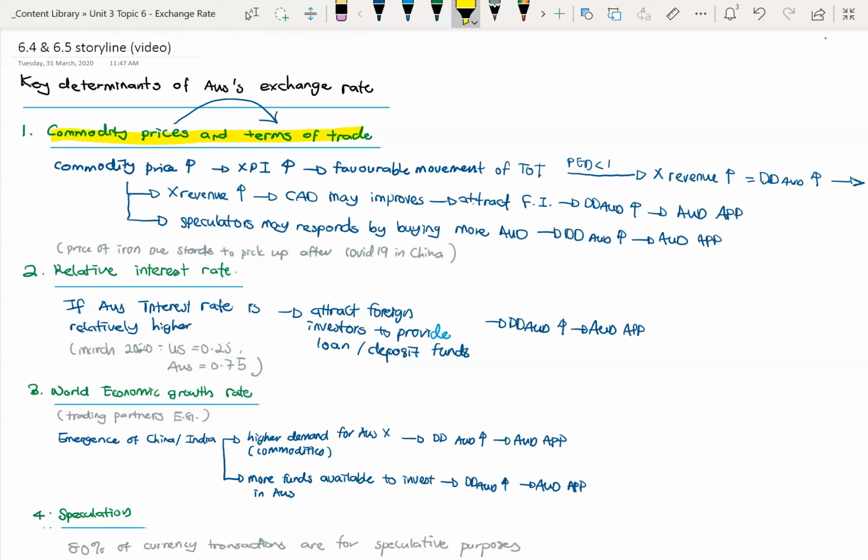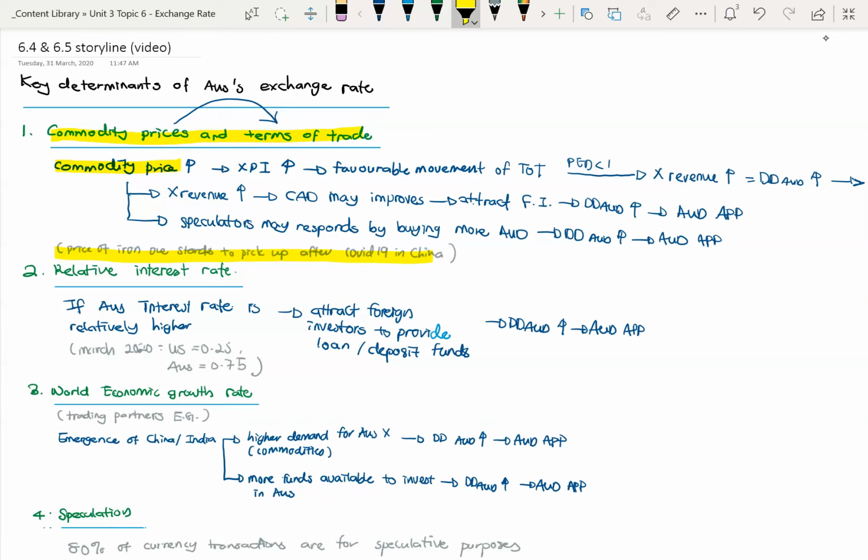Assuming commodity price rises, and we will see commodity price rise very soon, particularly iron ore, because even though many countries in the world are facing COVID-19 issues, China is getting out of it already.